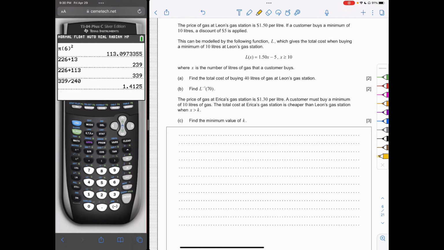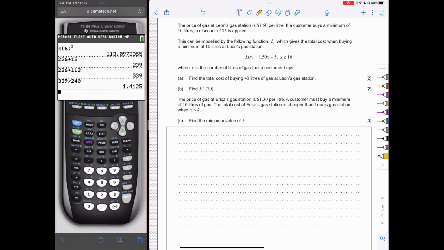It's going to tell us that this function here, L of x, is equal to 1.50x minus 5, where x has to be greater than or equal to 10. They're telling you that x has to be the number of liters of gas that a customer is going to buy.